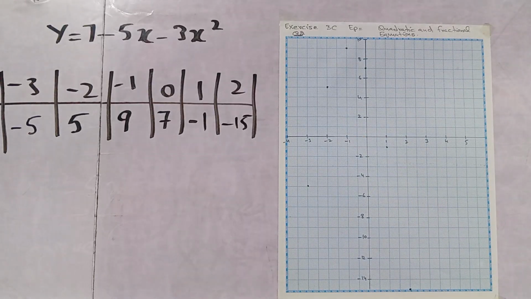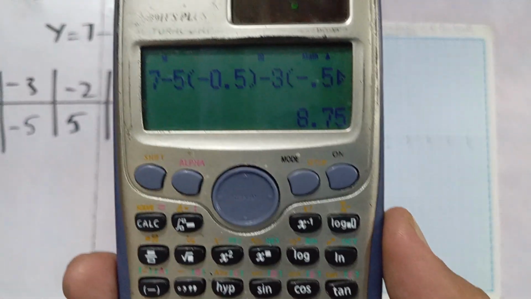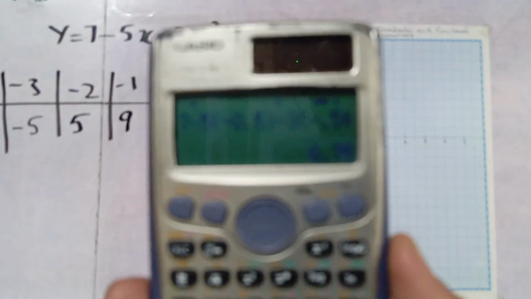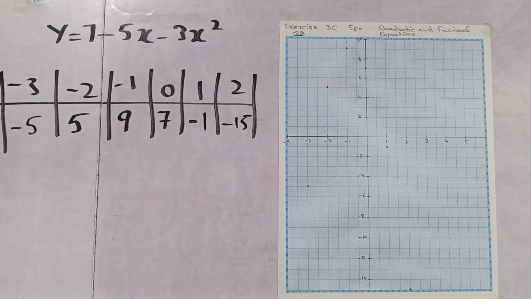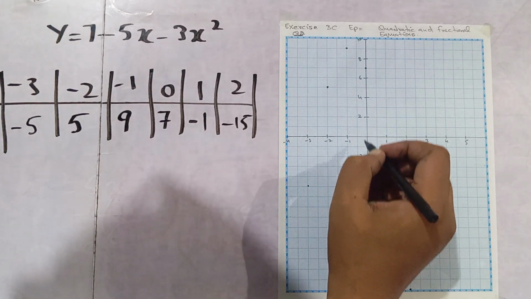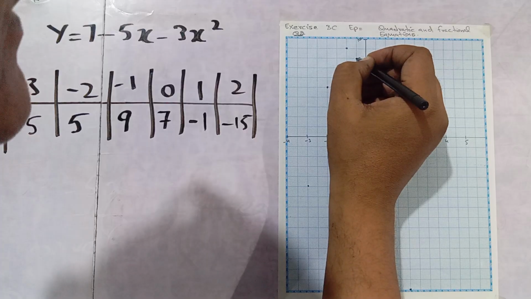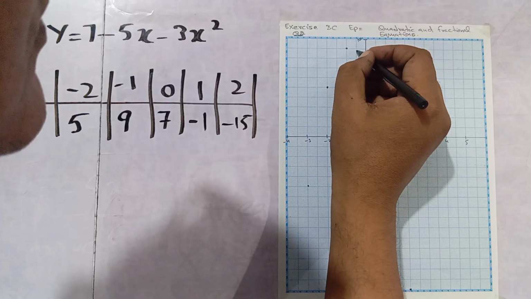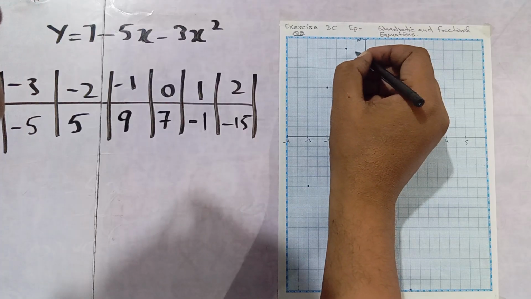Let's check: 7 minus 5 bracket minus 0.5 bracket close, minus 3 bracket minus 0.5 bracket close square, equals, and that is 8.75. So at minus 0.5 the answer is 8.75, and this is the point.